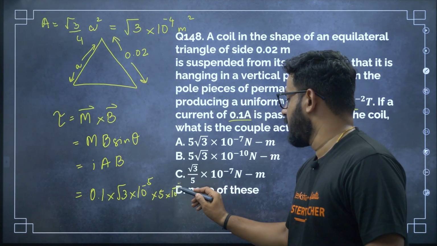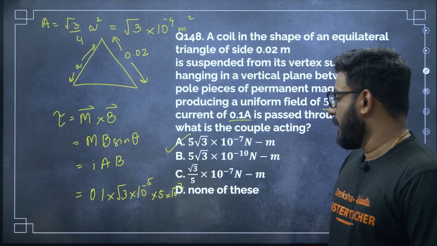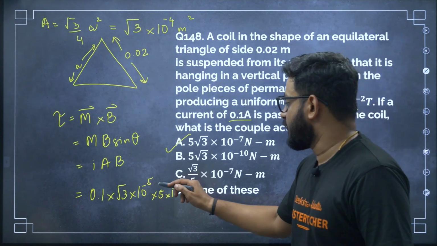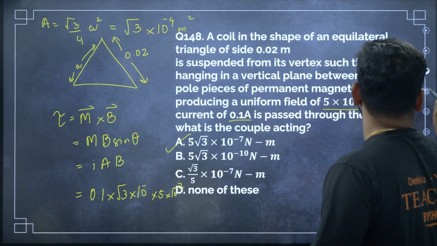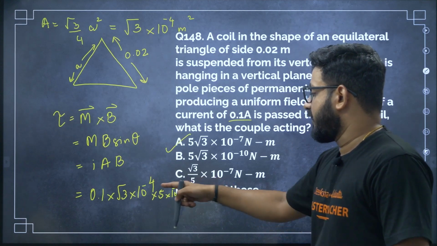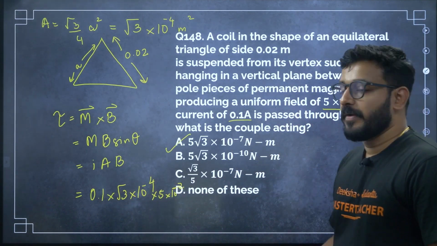Sorry, I said 5 earlier, it is 4, and there is a 0.1 that I missed. So we will have 5 root 3 into 10 to the power minus 7.